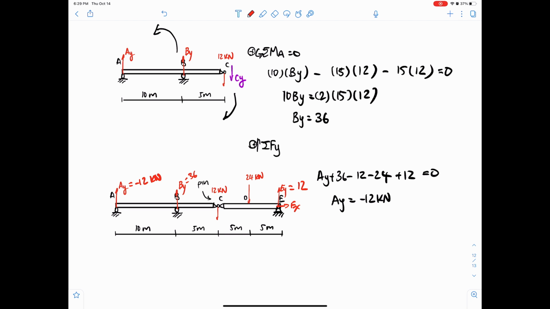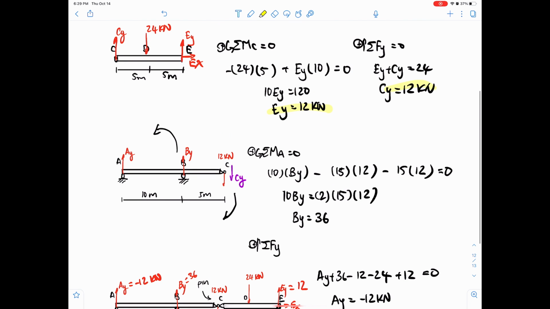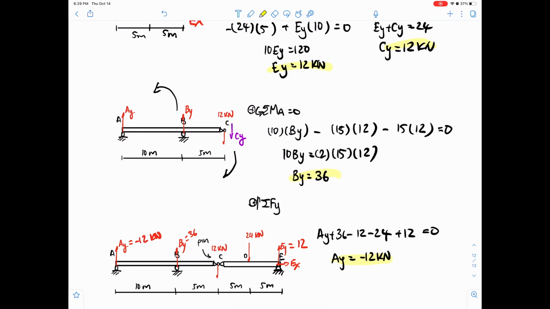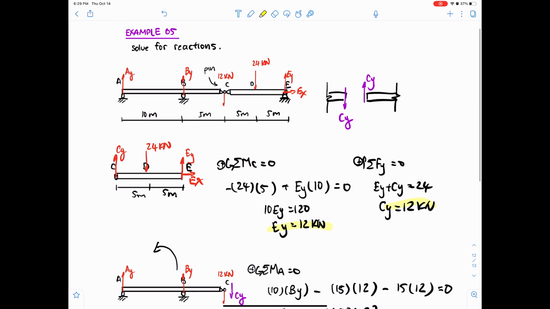Okay, so let me just go back and highlight the answers and give you a short recap. A few things to remember. One is that when you are solving a beam problem like this, with a hinge in the middle, always remember that you can just split it up into two. And when you do split it up, always make sure that there is a reaction here that you split up.